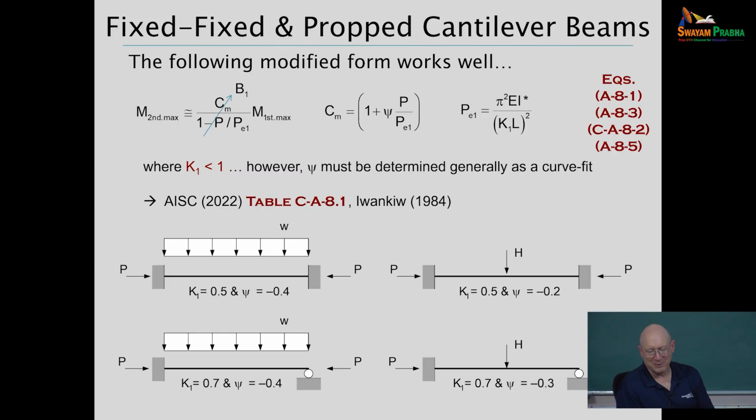The only difference here is that we still have the same form for C sub m, with the psi value, which is basically a curve fit in this case. But PE1 has changed. PE1 is pi squared EI over KL squared. You might have noticed that I've got a star next to EI.